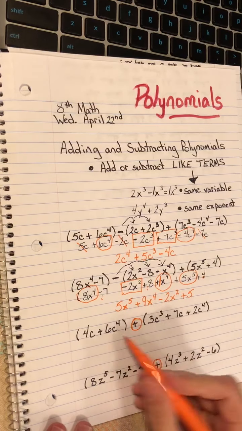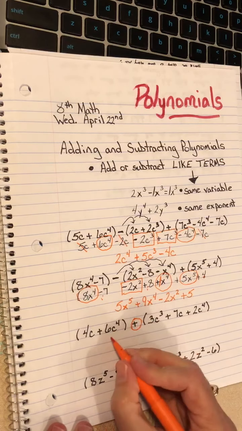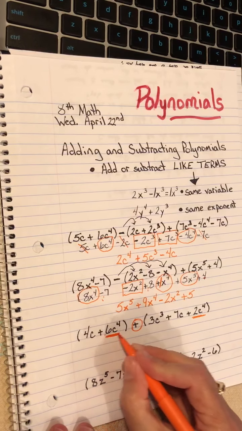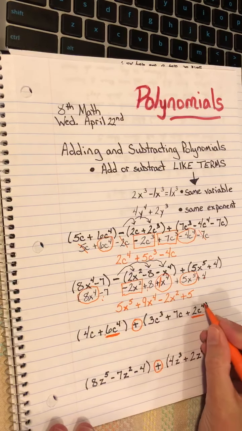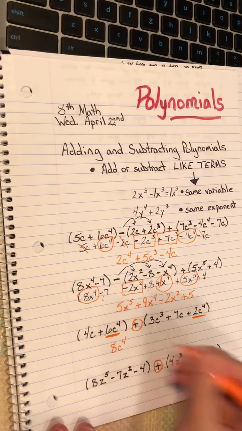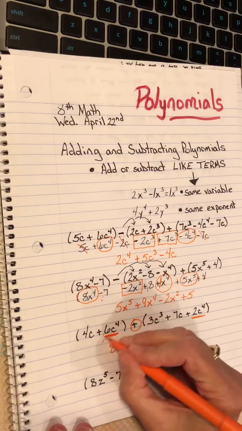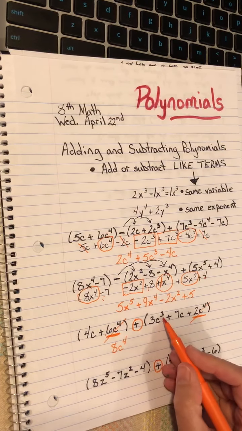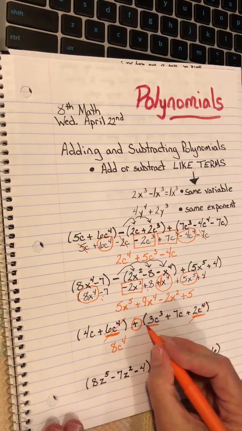So on these, I just look at my list. Here's my highest, 6c to the 4th, 2c to the 4th. When I combine them, I get 8c to the 4th. Those are finished. The next highest exponent is the 3.